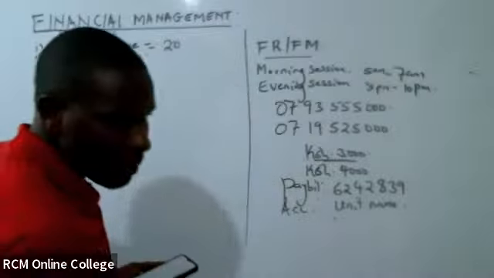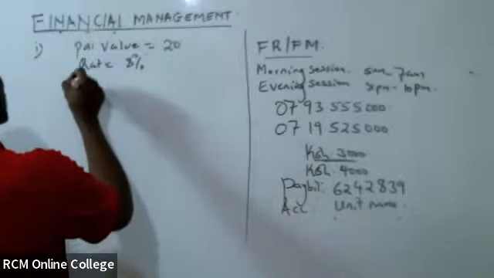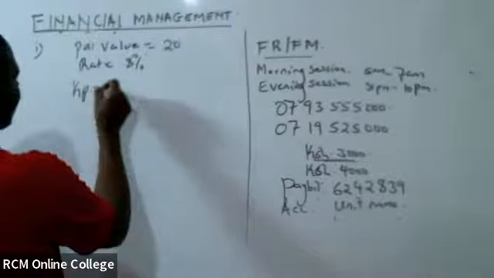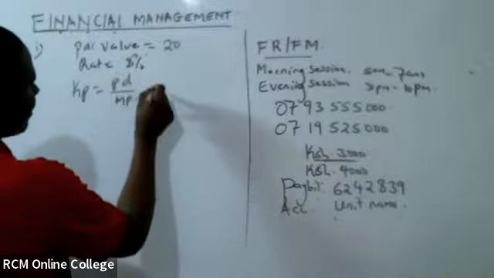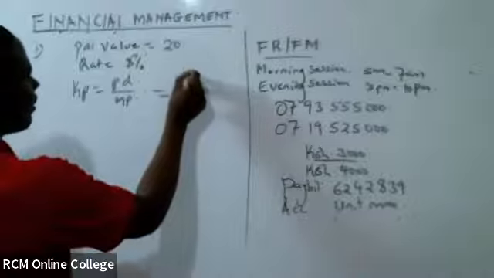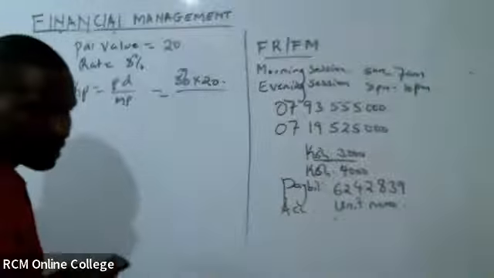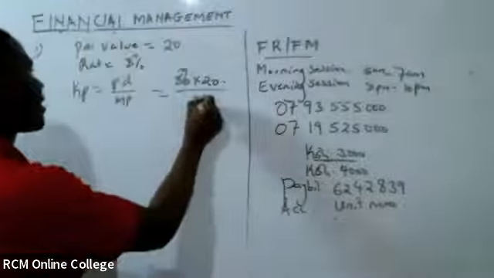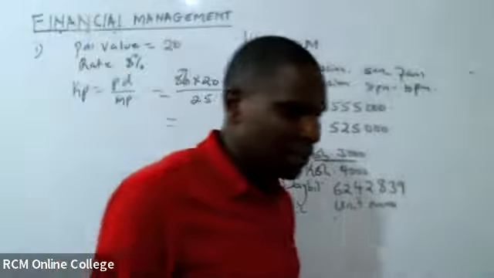And then give me the market price. So I know that KP is equal to preference dividend over the market price. That is 8% times 20 divided by market price. Ni ngapi? 25. So is this giving people 6.4 or inawapatia namna gani?